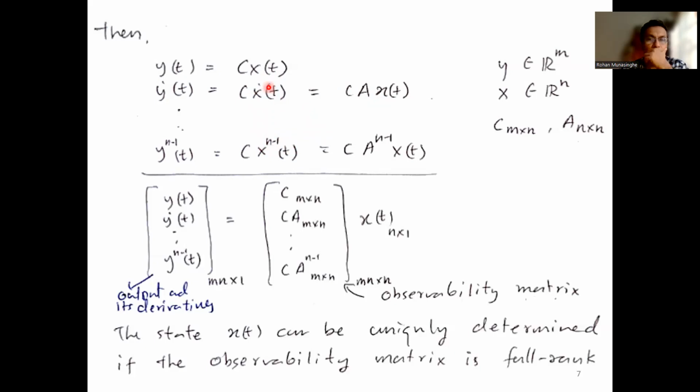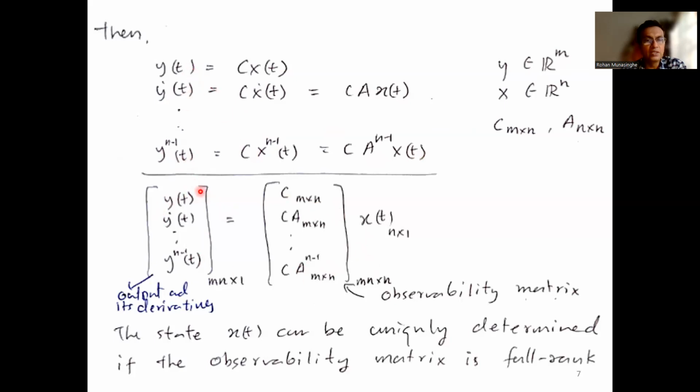So when you substitute from the system equation, which is x dot equals Ax, you eventually generate this one. So eventually for the (n minus 1)th derivative of y(t), it is equal to C A^(n-1) x(t). Now you put them into this matrix equation.